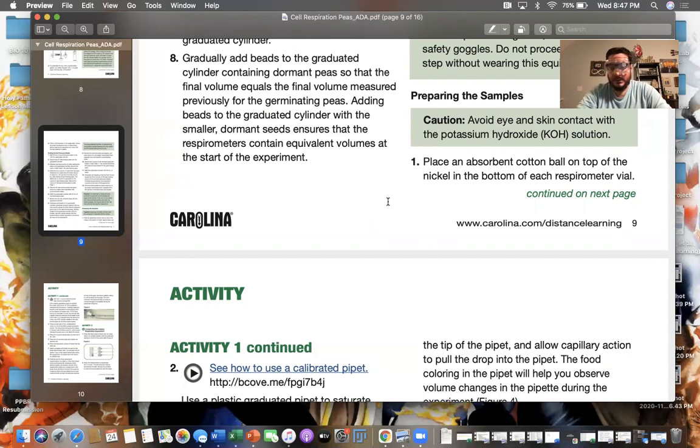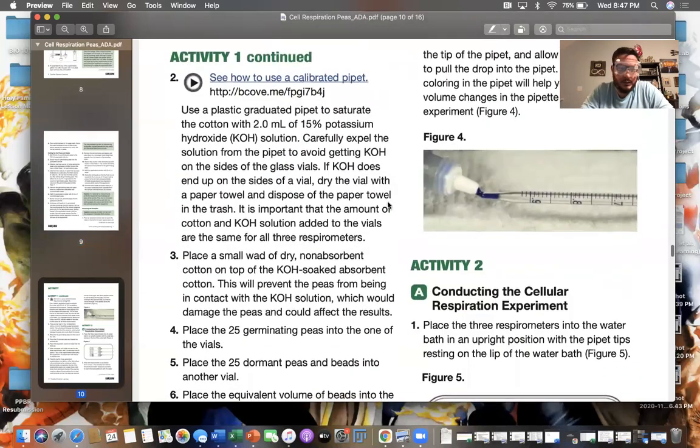So place absorbent cotton ball at the bottom of each of the vials. Done. Okay, using the graduated cylinder. So now we're going to be working with the potassium chloride. So these guys, if you look along the side, each one of these is 1 milliliter.